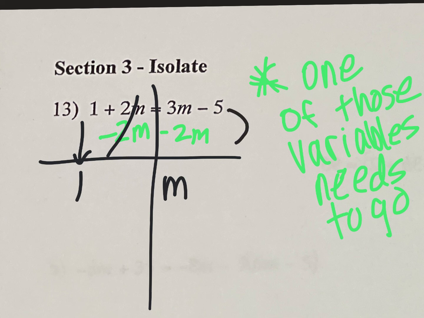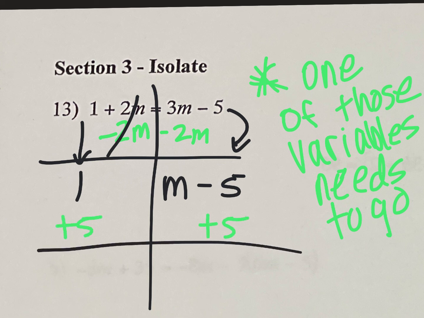And don't forget that negative 5 that's kind of been chilling out. Hasn't really been doing anything yet either. So my m is not quite isolated all the way. I need to get rid of that minus 5, which you guys can do in your sleep at this point. How do I get rid of a minus 5? With a plus 5. So that's going to leave me with 6 is equal to m.